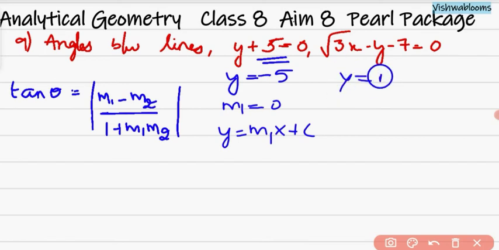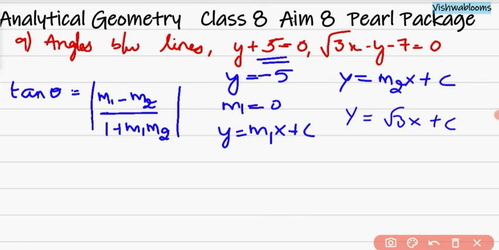Next, this one you have to convert. This will be y is equal to m2x plus c. Now what you have to do is send this y term to the RHS so that it becomes positive, right? So y is equal to root 3x plus c.